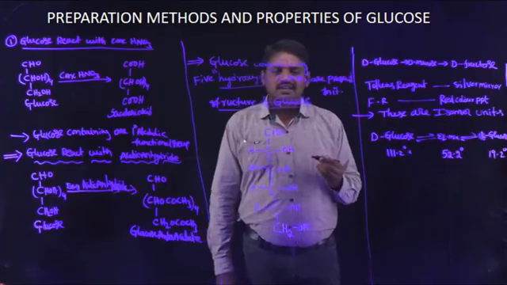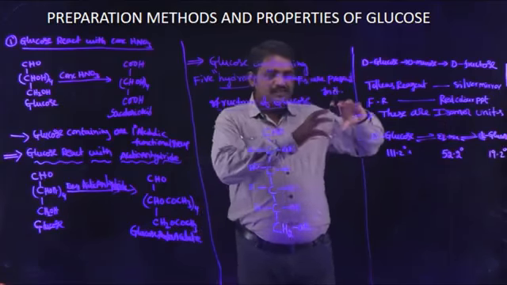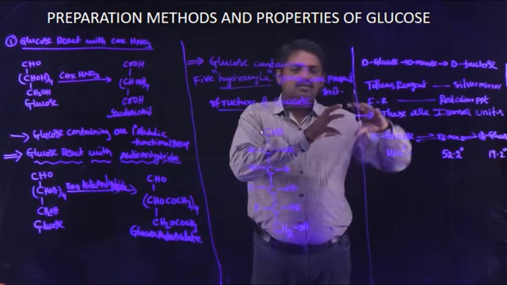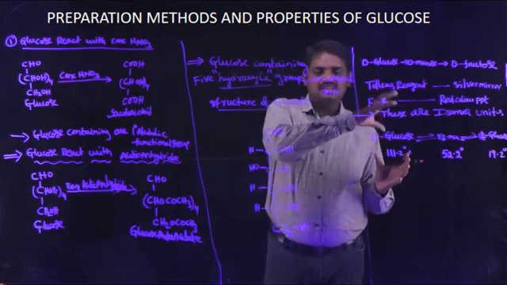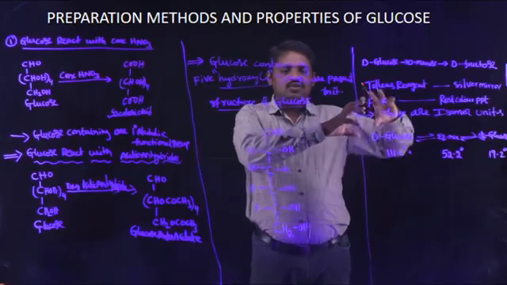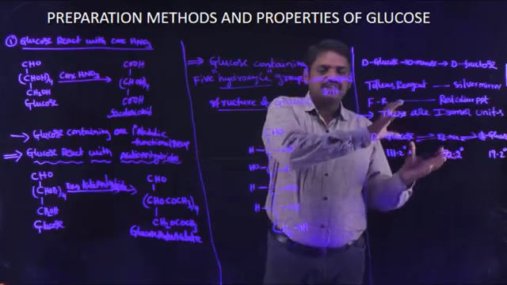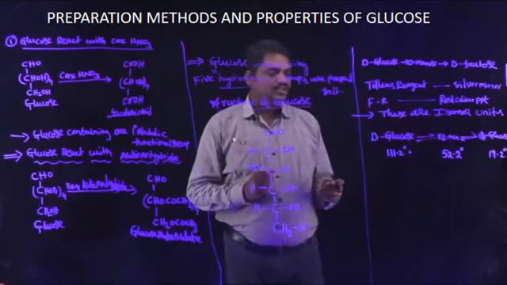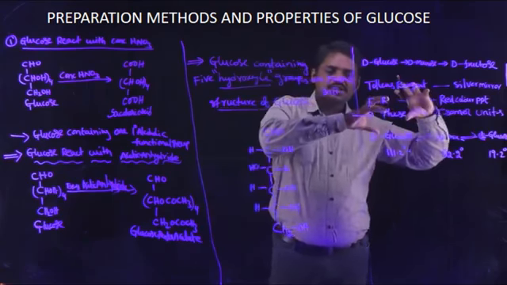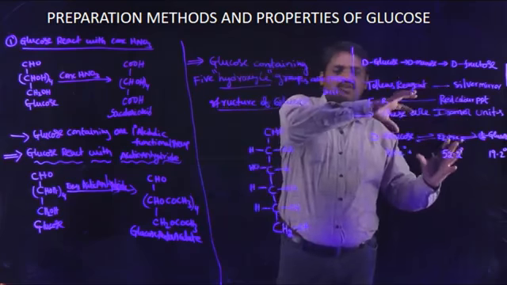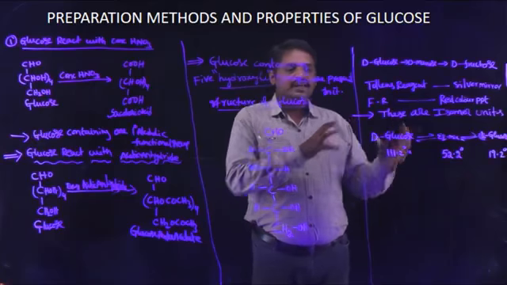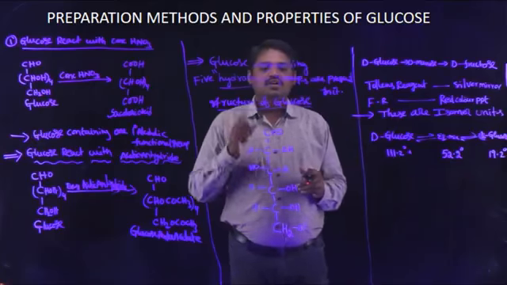Why? What is the reason? These are optically active compounds, so the rotation changes in the presence of water. The specific rotation changes in these optically active compounds. That process of changing the specific rotation is known as mutarotation.